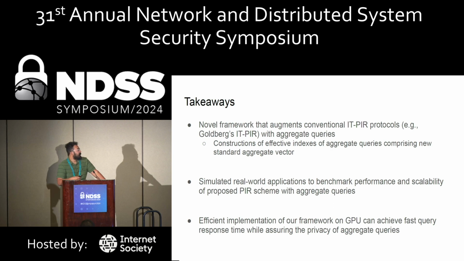And we also simulate a number of real-world applications that help us benchmark the performance of our protocol and assess the scalability and real-world deployability of our proposed PIR scheme for realistic aggregate queries. And finally, we also measure the framework on GPU compute, and we observe that it can achieve very fast query response times while also assuring the privacy and the correctness of the aggregate queries.